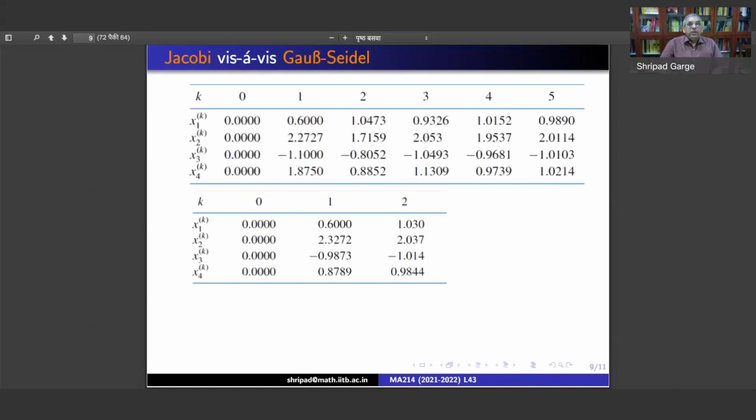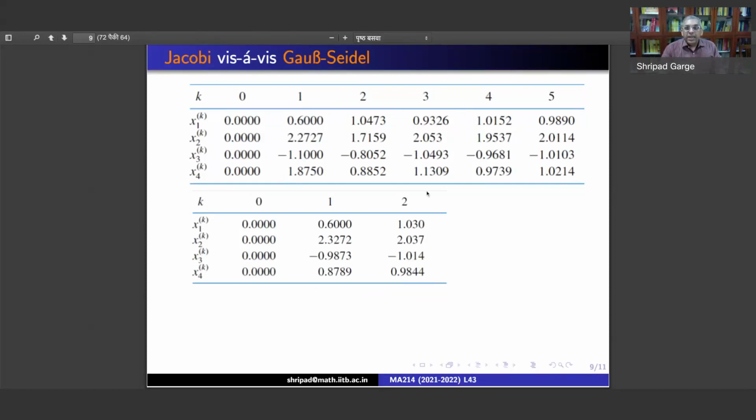So if we were to compare Jacobi vis-a-vis Gauss-Seidel, the top one is for the Jacobi and the lower one is for Gauss-Seidel. We notice that we get zeros in the first digit after the decimal point in all 4 components by the second Gauss-Seidel approximation.